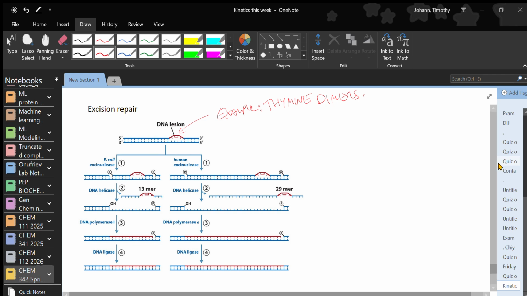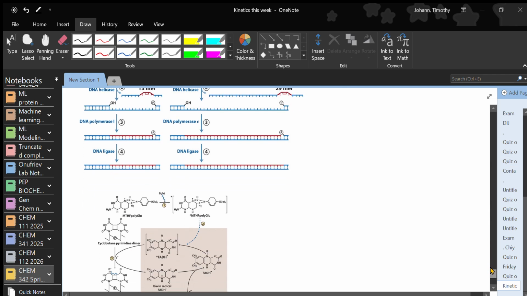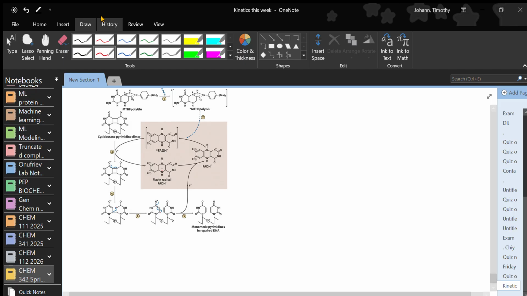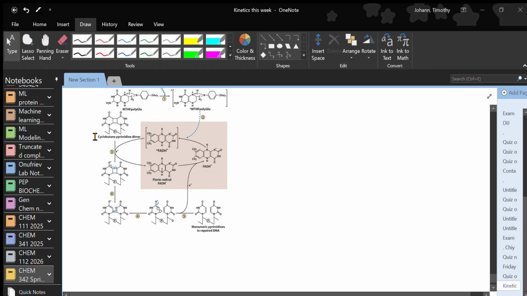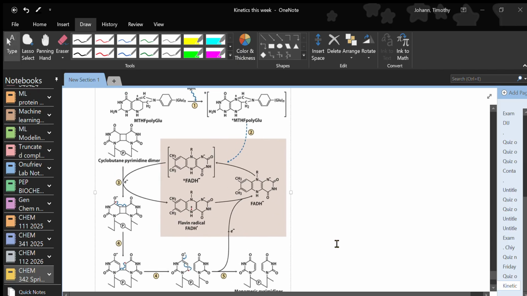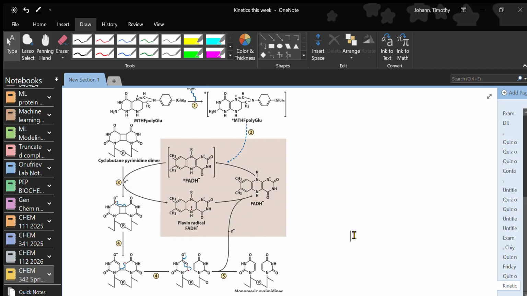I'm not going to go over this specific repair because we're not going to have time. We'll just skip it. But I do want to show you the picture. Not exactly stacked here, but you can see that we end up with a thymine dimer here. That's what these things look like.